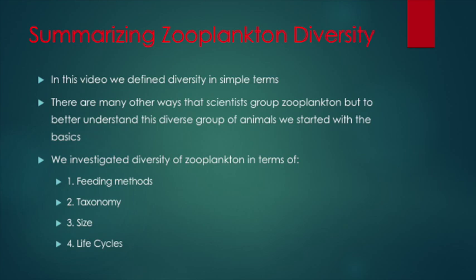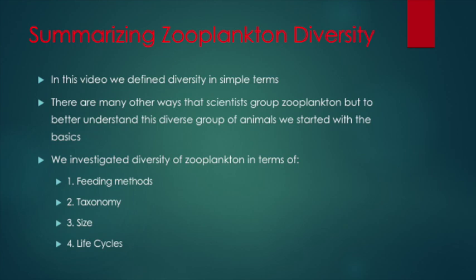So to summarize, in this video we defined diversity in very simple terms to start off. There are many ways scientists can group zooplankton in order to better understand them, but I thought it was better to just focus on the basics and investigate 4 different ways of defining and differentiating between zooplankton.